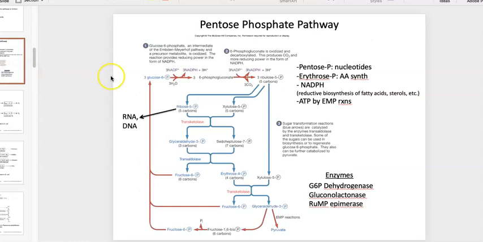So the pathway looks very similar to the first stages of the Entner-Doudoroff pathway. You have glucose 6-phosphate being oxidized in order to make reducing power in the form of NADPH, and then eventually you'll make some 6-phosphogluconolactone in here, which they don't show, and then the 6-phosphogluconate.